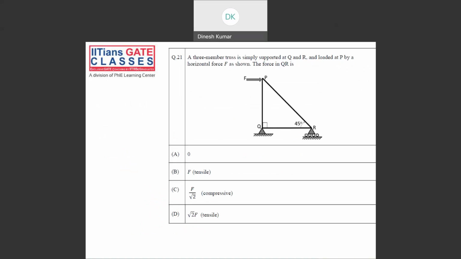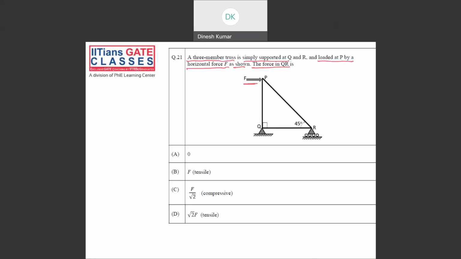Now look into this question. A three-member truss is simply supported at Q and R and loaded at P by a horizontal force F as shown. The force in QR is. So guys, it's a very simple question from truss and we can solve this without much calculation.